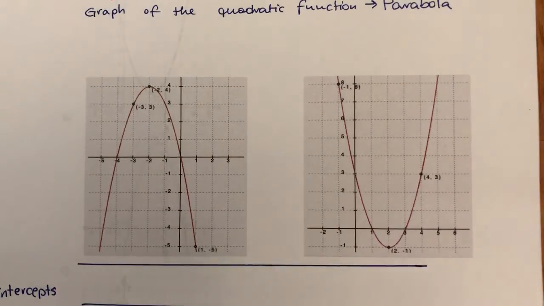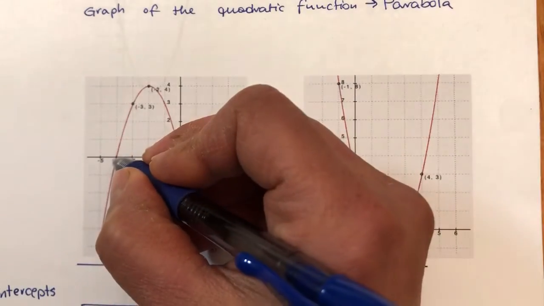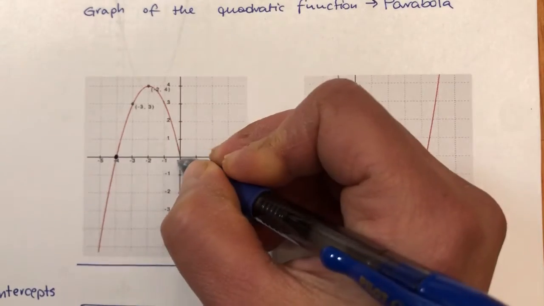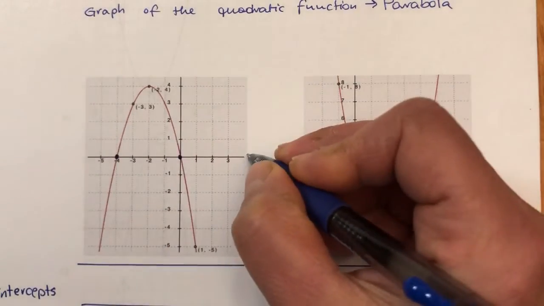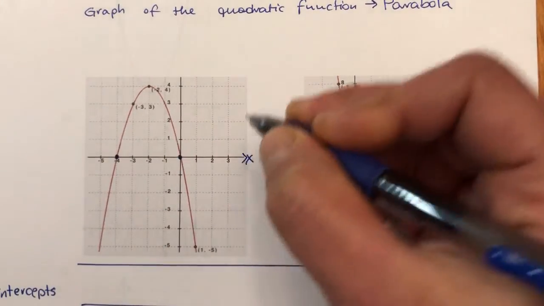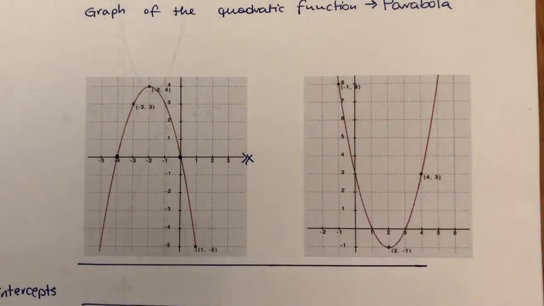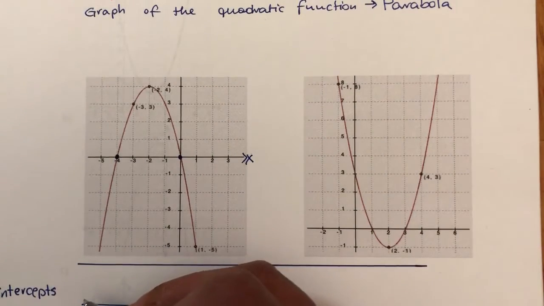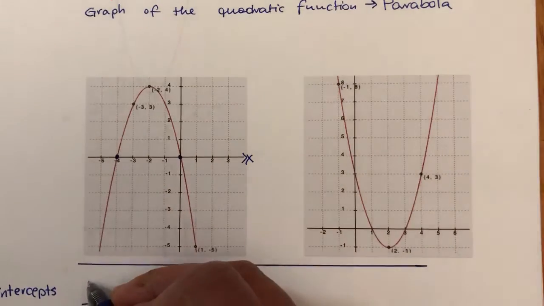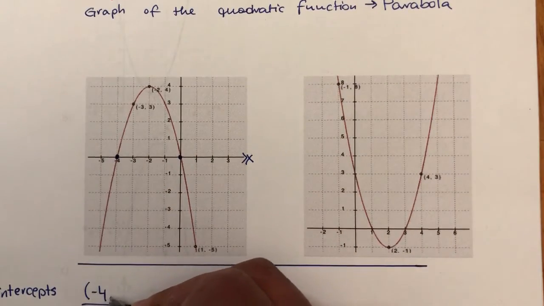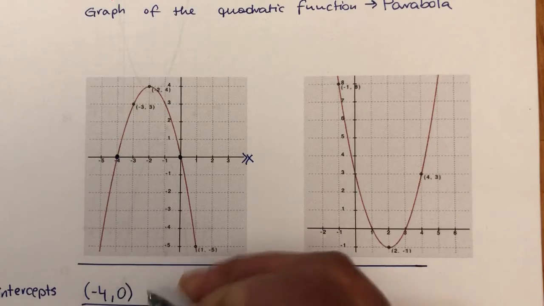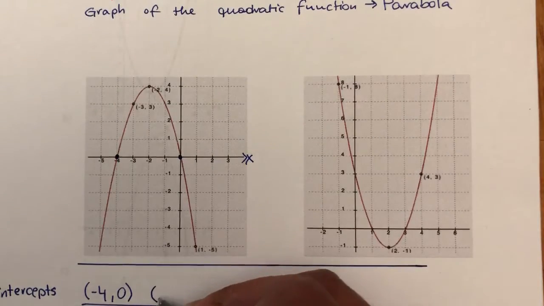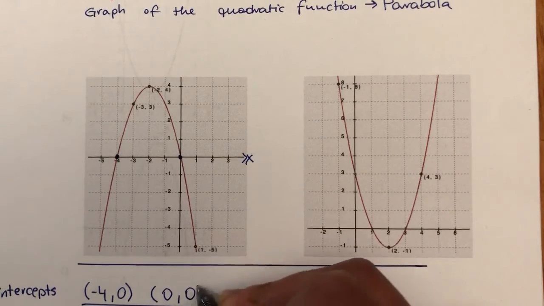So let's see, x-intercept, that's where the function is going to go through our x-axis. Remember, this is your x-axis. So our x-intercepts will have the coordinates of, well, this one is -4, 0. And then the other one is 0, 0.